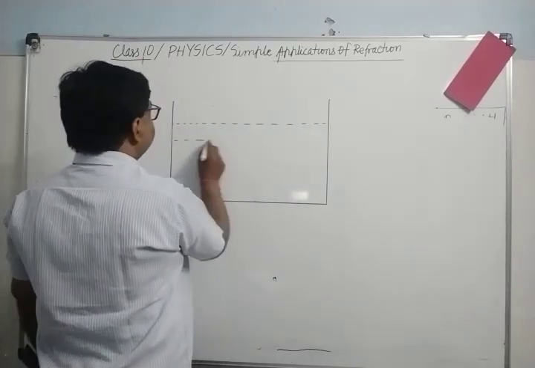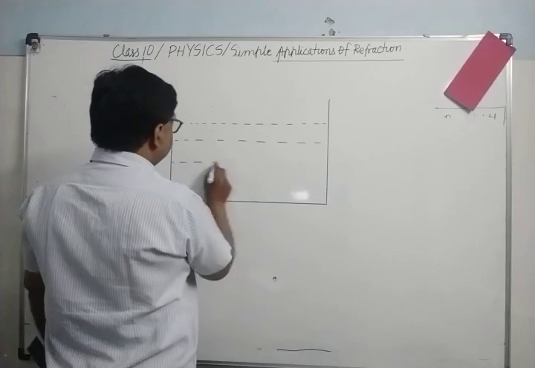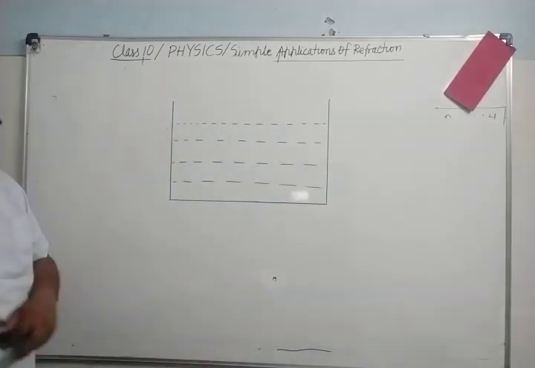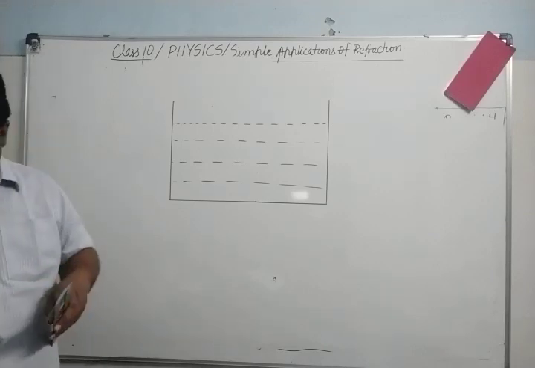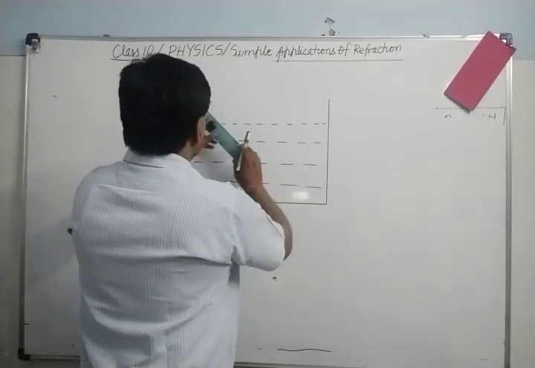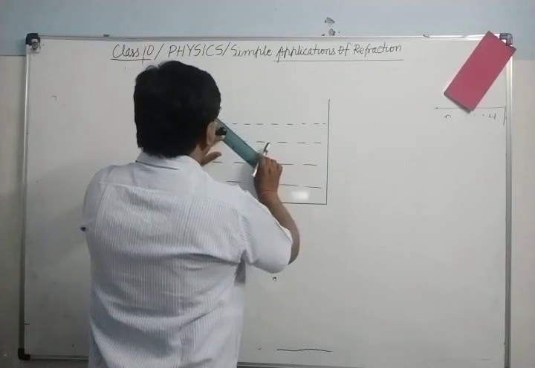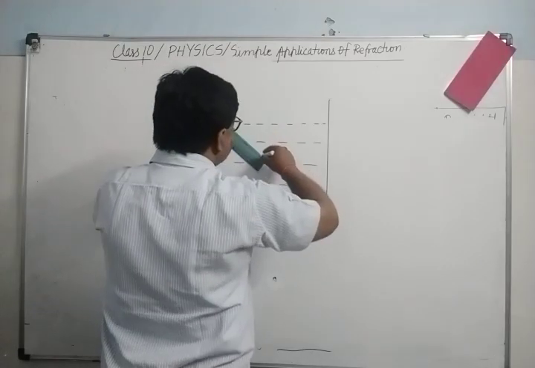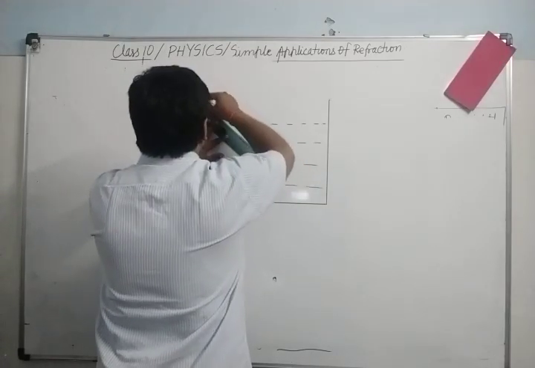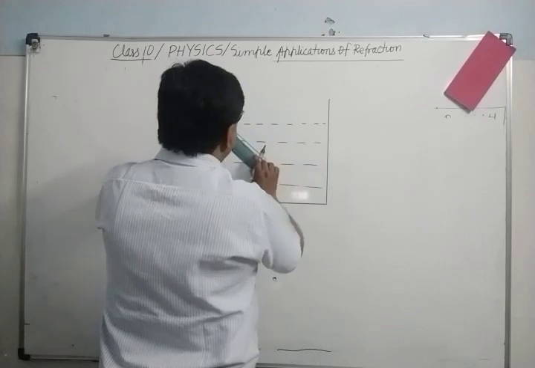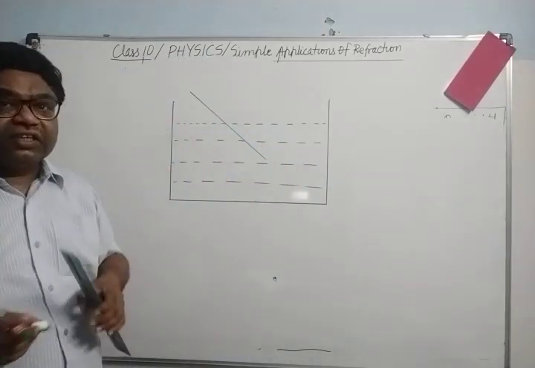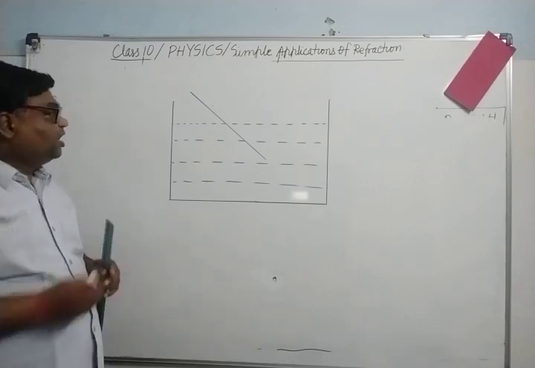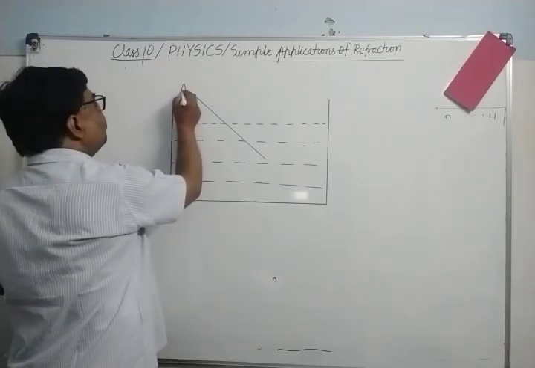When a stick is immersed obliquely in water, it appears bent and short. You can see here, this is a stick which is immersed obliquely.